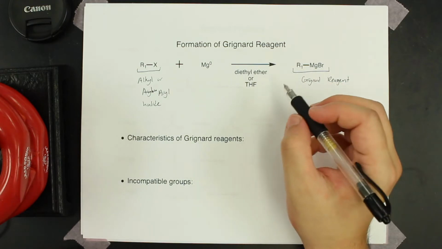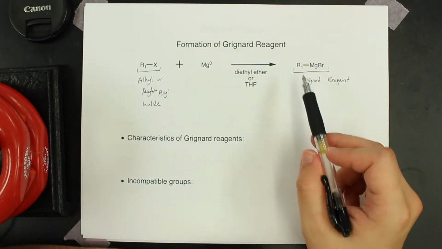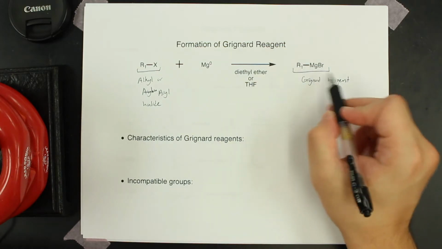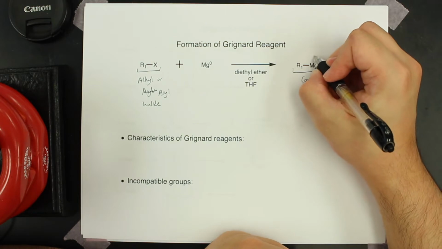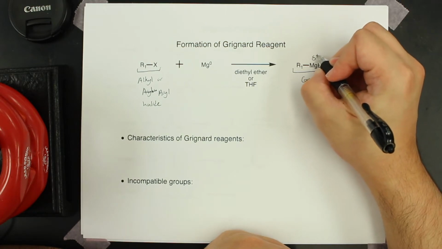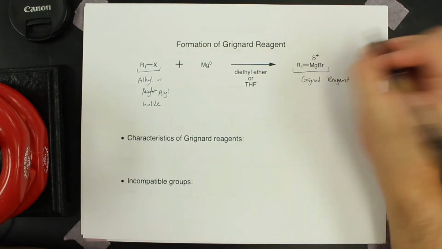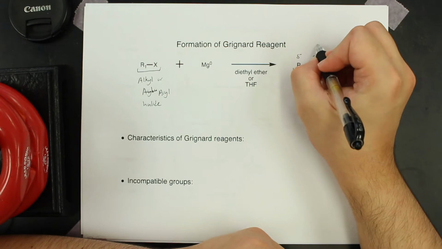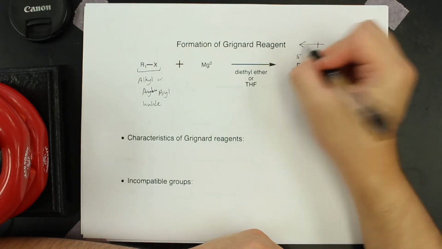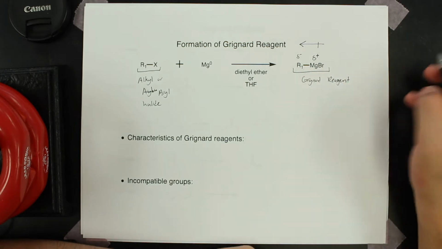So, the characteristics of Grignard reagents. If you look at this Grignard reagent here, it is an organometallic species. And this magnesium here is very electropositive, so its electronegativity is very low compared to carbon. So this carbon here will have a delta minus. Overall, there's going to be a dipole towards the carbon because the magnesium is not withdrawing electron density.